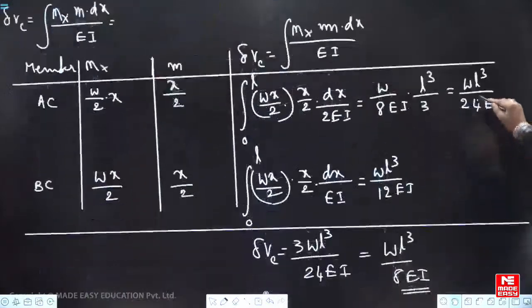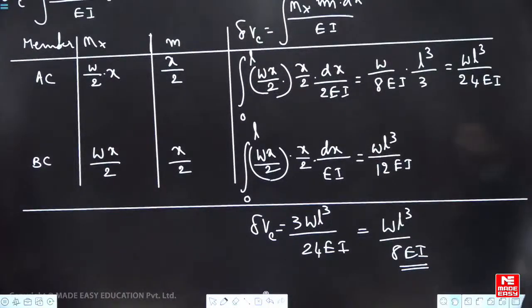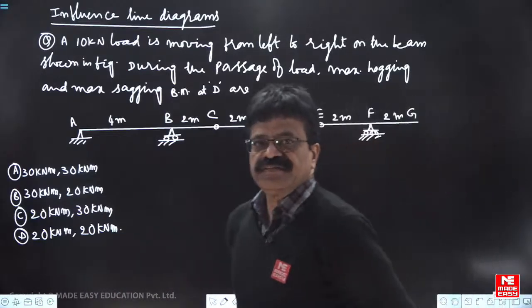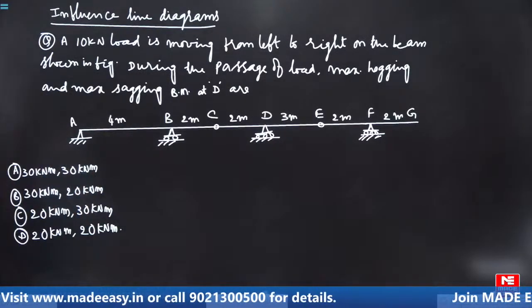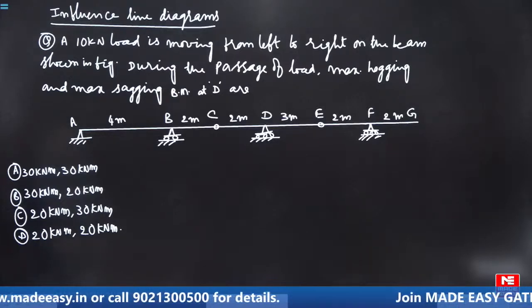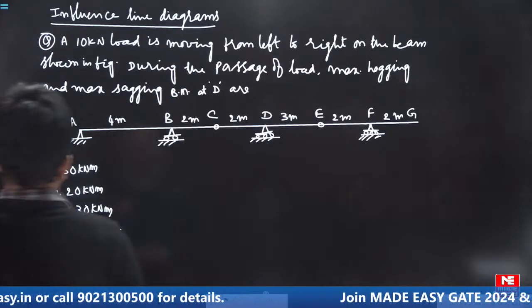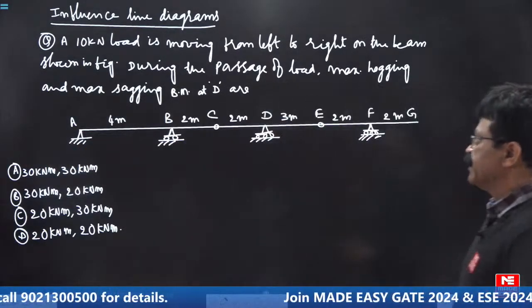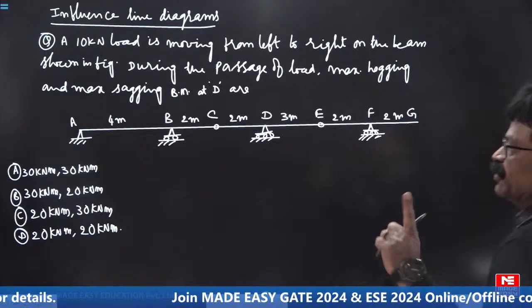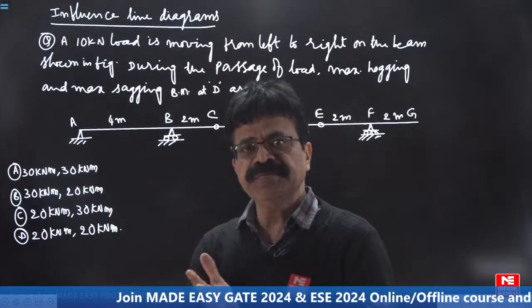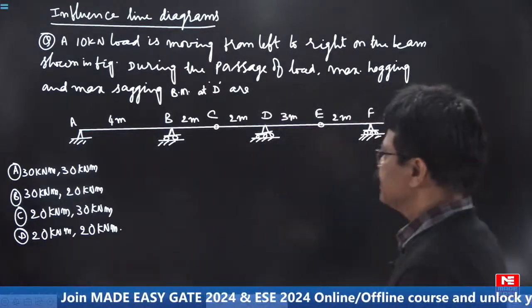So 3 examples. Now let us see influence line diagrams. A 10 kilonewton load is moving from left to right on the beam shown in figure. During the passage of load, only one load, because you have to find the maximum sagging and maximum hogging bending moment also.